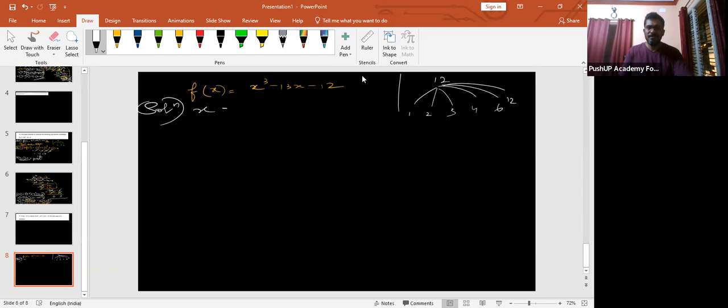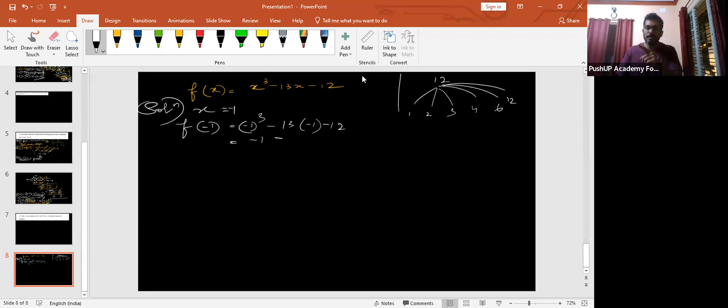Don't you feel so? Just by looking at the polynomial, -1, sir. I'm able to figure it out. Isn't it, Anika? No, sir, it's -1. -1 is helping you. Okay, yes, change. F of -1 is -1 cube minus 13 into -1 minus 12. -1 cube is what? -1.